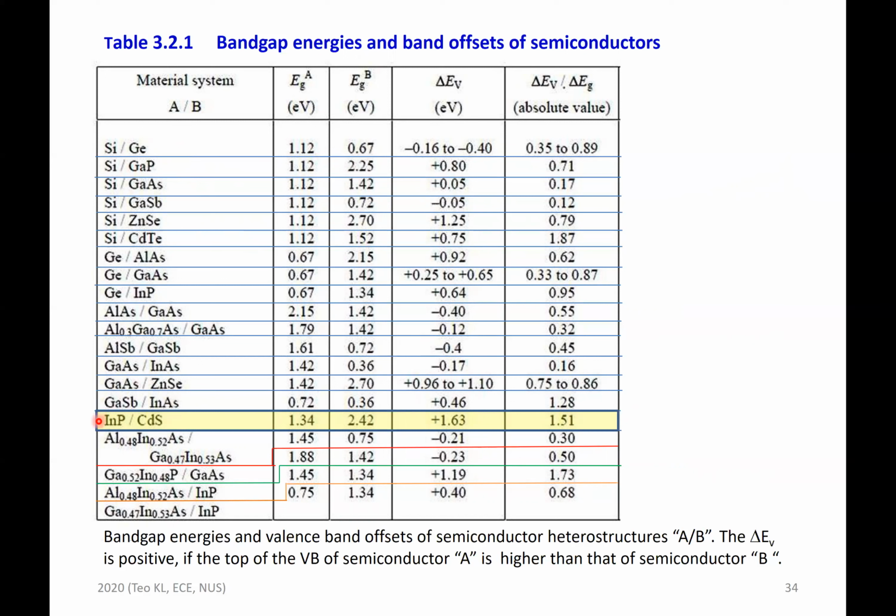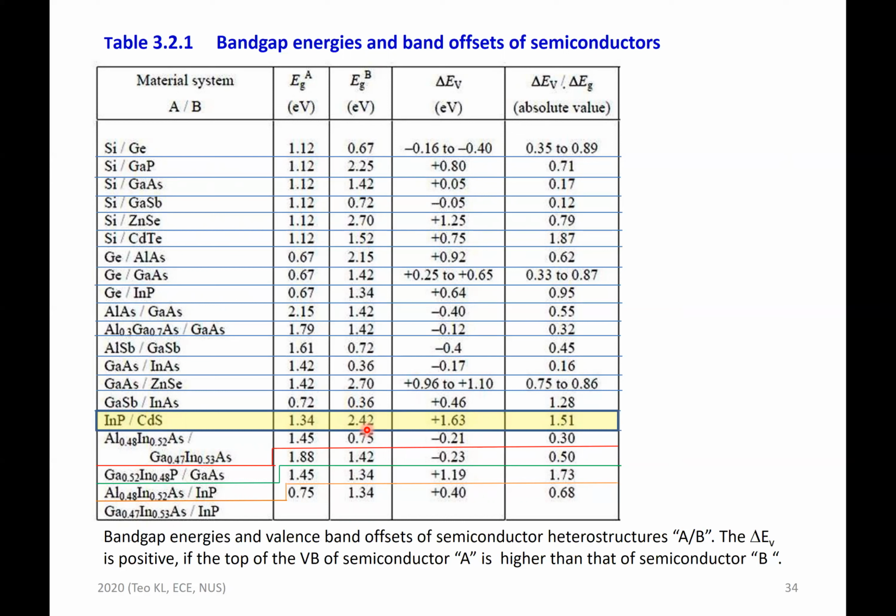For example, I take indium phosphide and cadmium sulfide: material A is indium phosphide, cadmium sulfide is material B. The band gap of indium phosphide is 1.34, and the band gap of cadmium sulfide is 2.42.